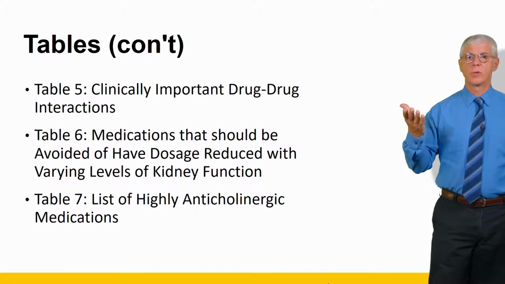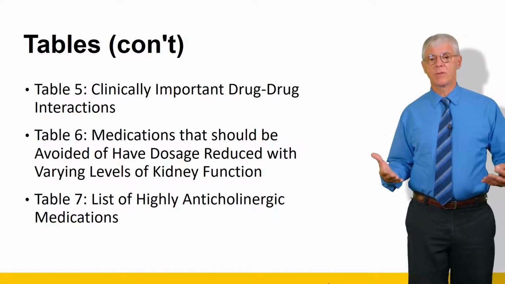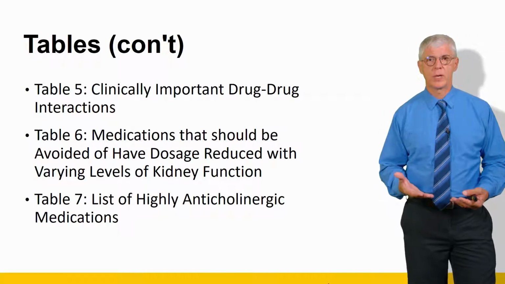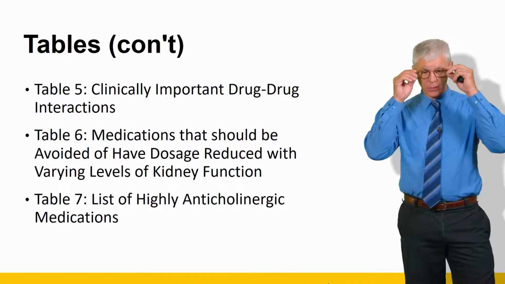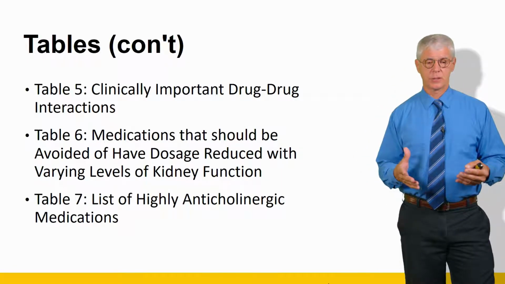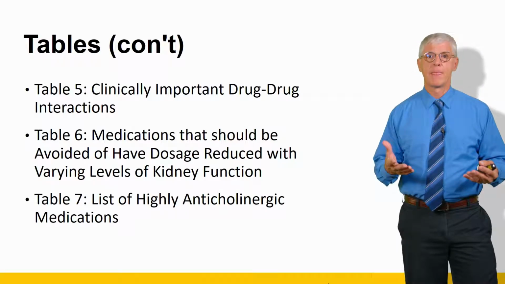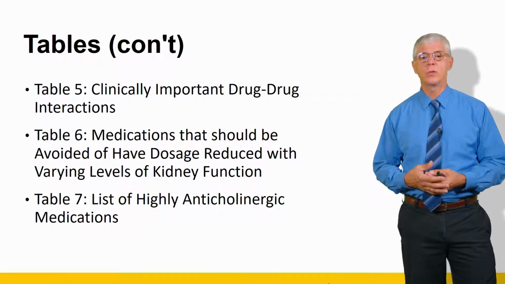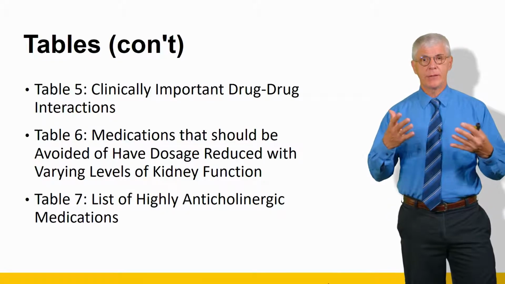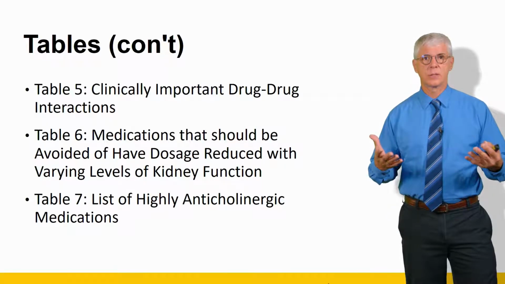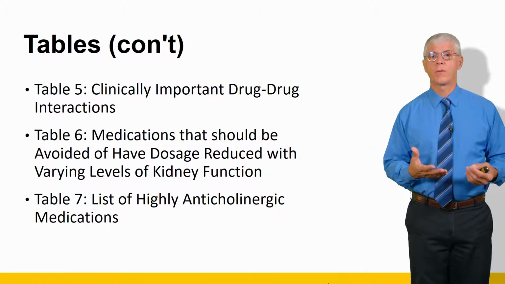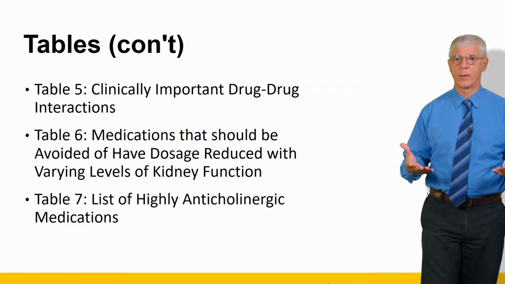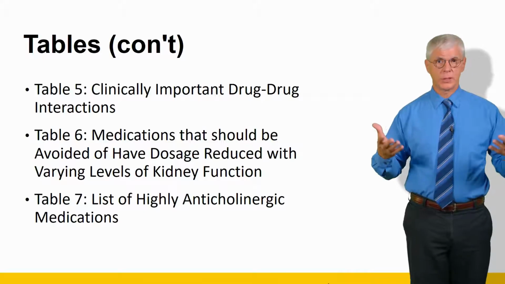Table 5, drug-drug interactions. Now, any of us that work with electronic medical records or pharmacy dispensing systems are very, very accustomed to when we enter a medication order and you hit send or enter or whatever you do, if that medication is on a list with other medications, you're often going to have drug interactions show up, some of which are potentially fatal.